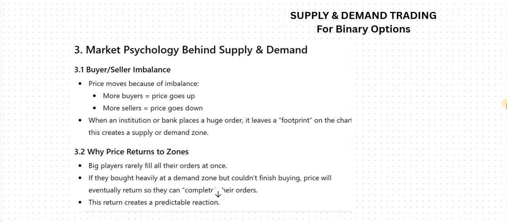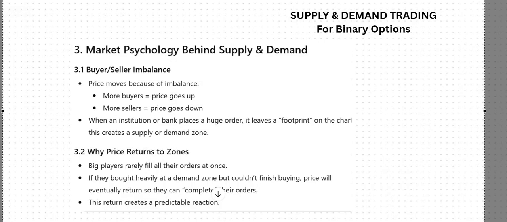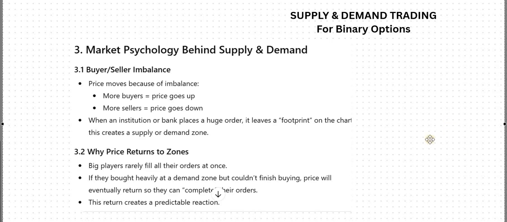So when you know the psychology behind demand and supply, you know that when price is moving up in a particular direction, the buyers believe more in this. When price is moving down in a particular direction, it is because the sellers believe more in this.